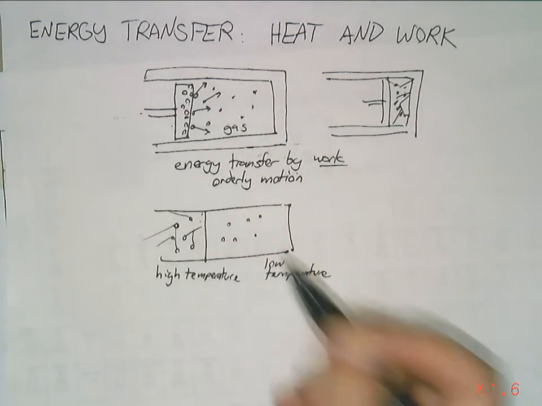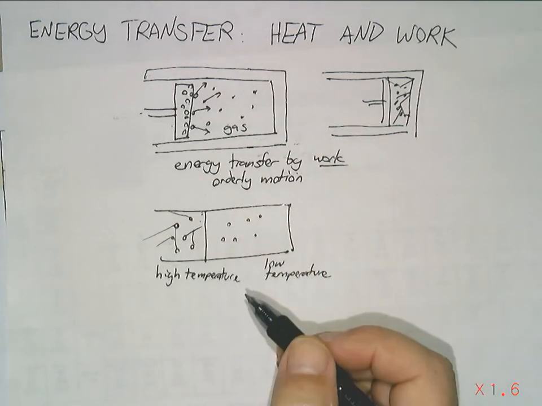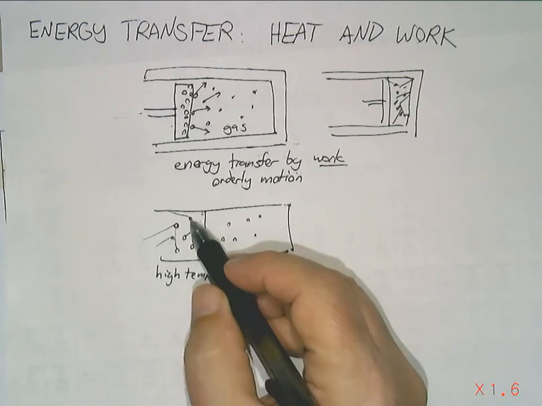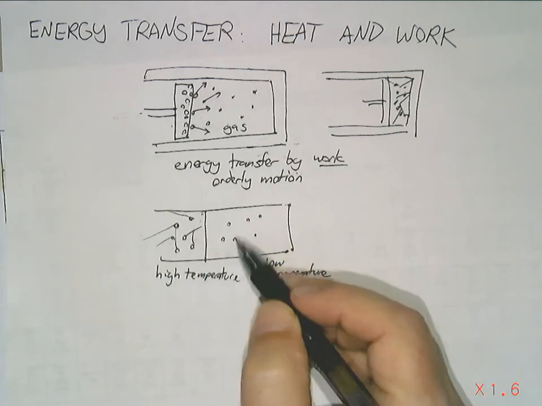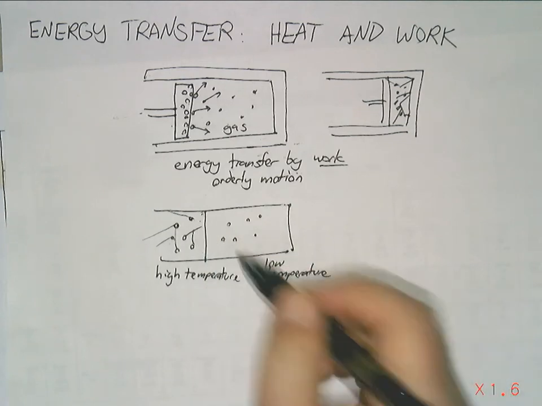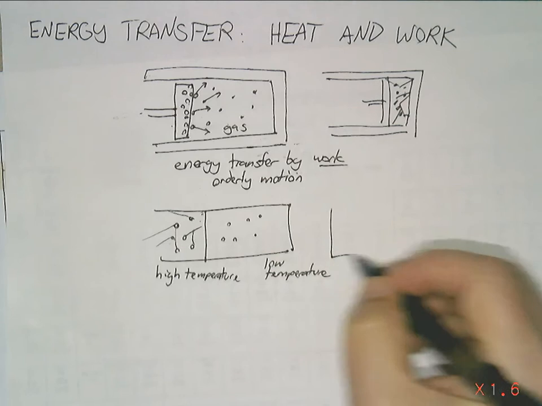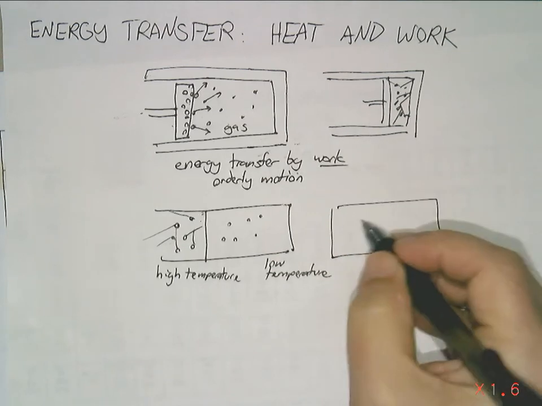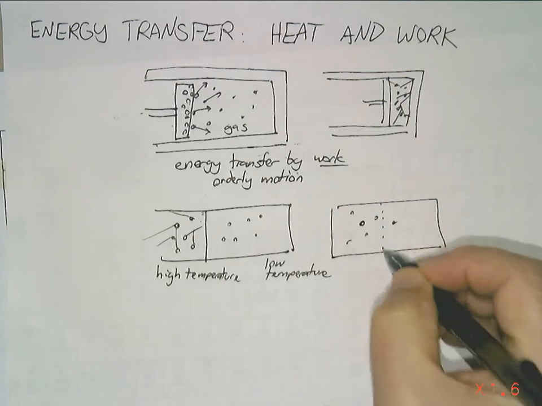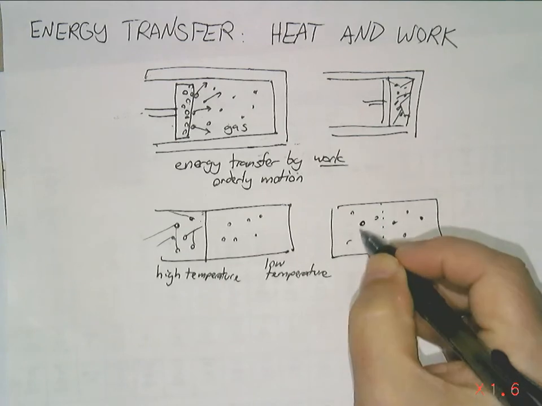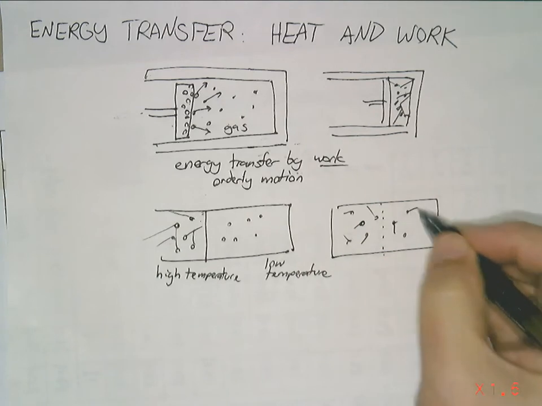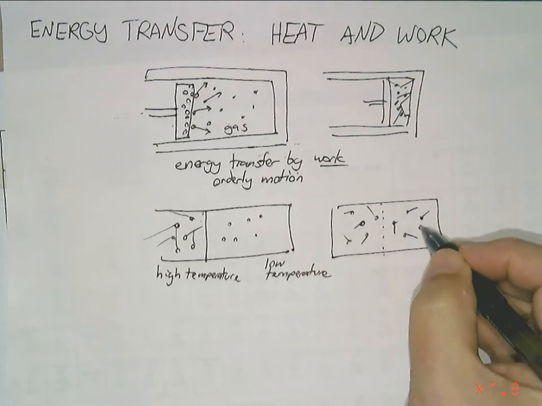So I got a hot gas here and a cold gas here, and let's take the wall away. What's going to happen when you take down the wall? Some of these molecules that are zipping around over on the hot side are going to hit molecules on the colder side. And after a little while, all the molecules, this is where the wall used to be, are going to be moving at pretty much the same average speed.